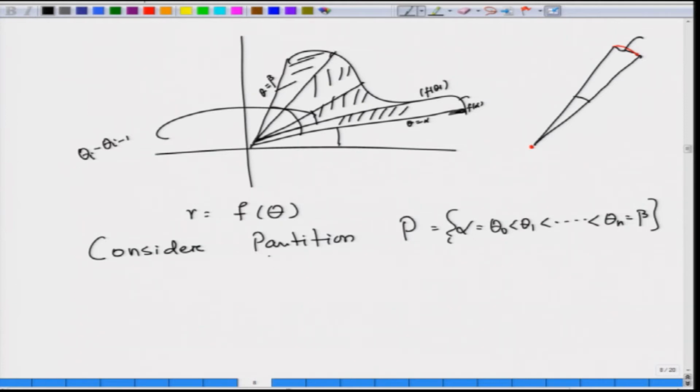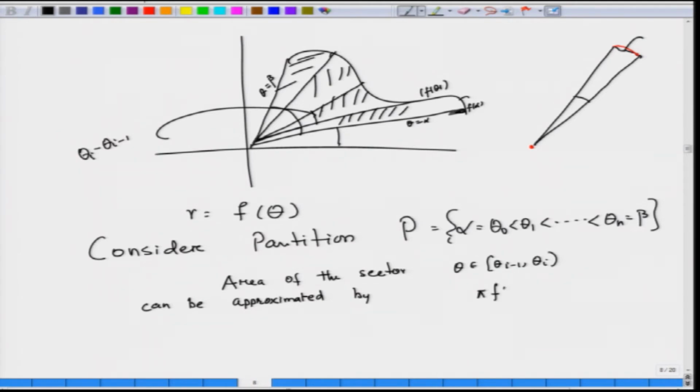So, the area of this sector, where theta belongs to theta i minus 1 to theta i, can be approximated by pi f of theta i star, this is the area of the circle, and then you have theta i minus theta i minus 1 divided by 2 pi, because the entire angle is 2 pi.